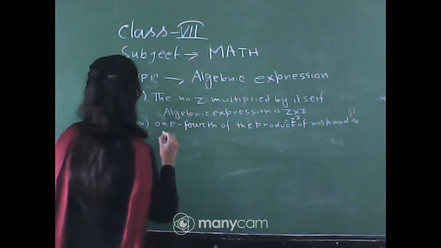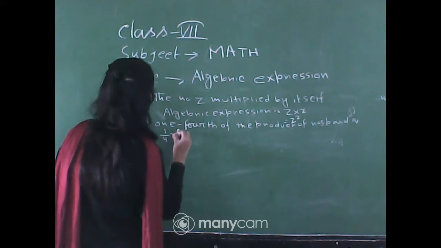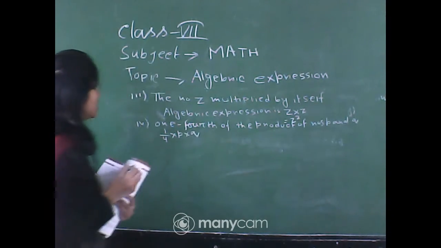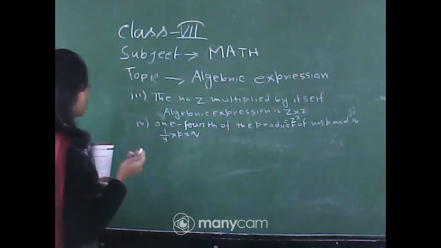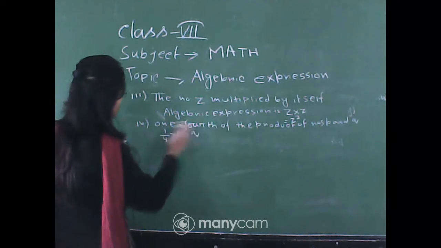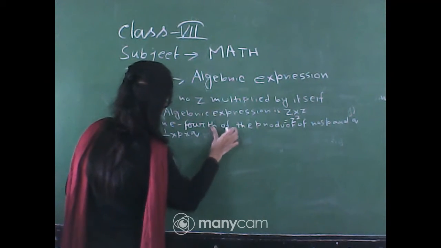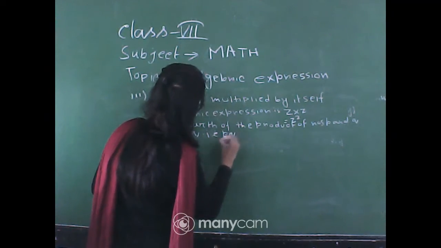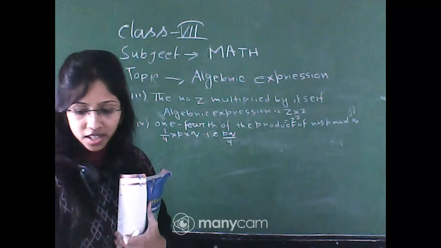Therefore, the required algebraic expression is 1/4 into p into q. This is an algebraic expression containing the variables p and q, and here the only one term is pq divided by 4. That is pq divided by 4. Up to this portion, any problem, students?